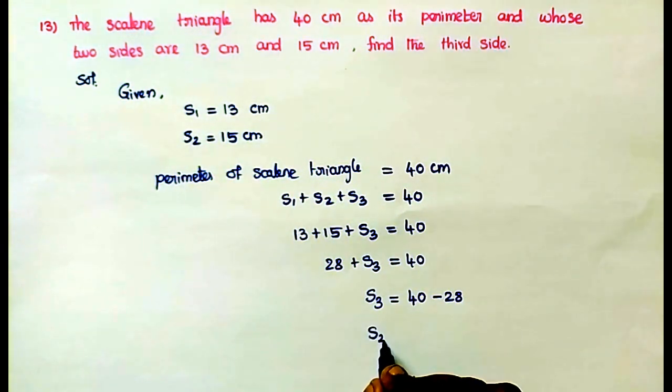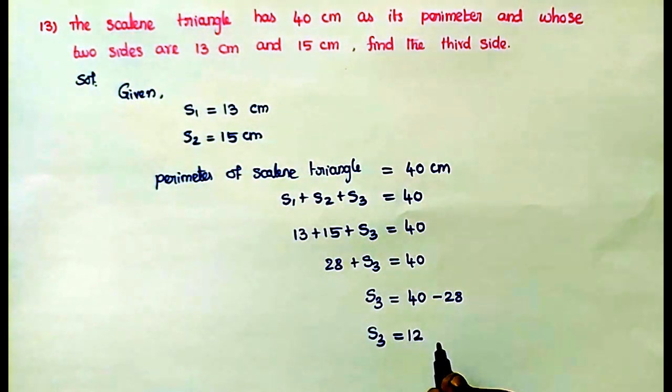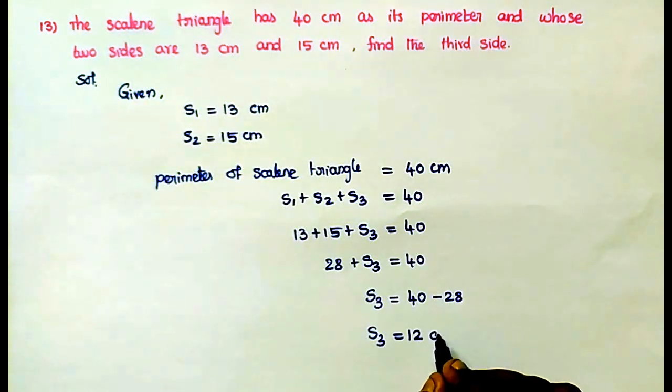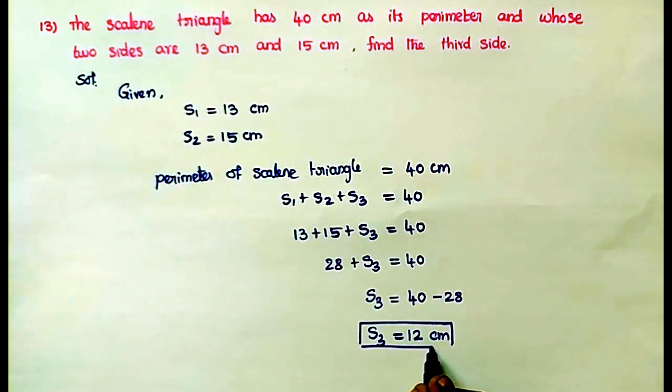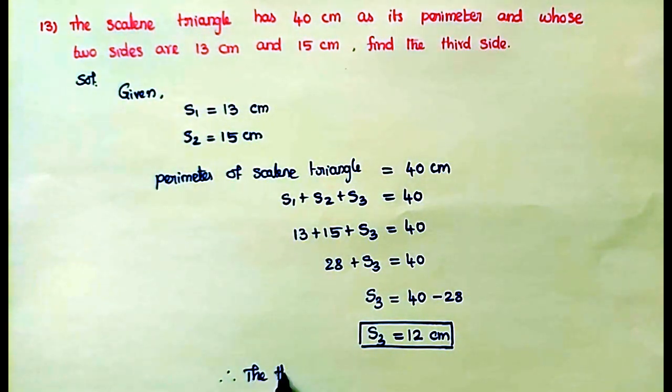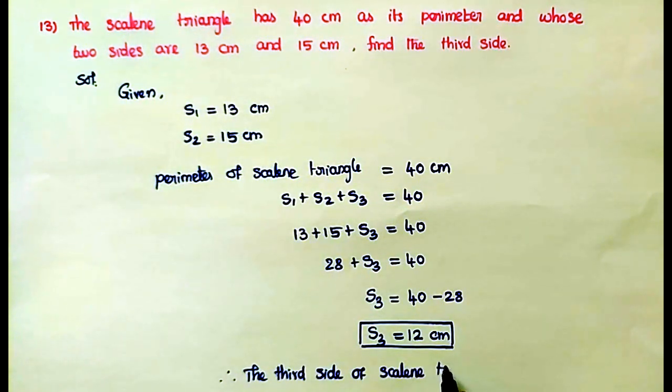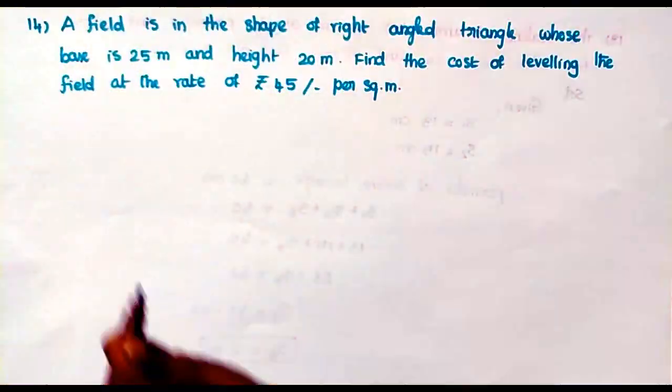So S3 equal to 12. That is 12 centimeter. That is the third side of the scalene triangle. Therefore, the third side of scalene triangle is equal to 12 centimeter. That is the answer.